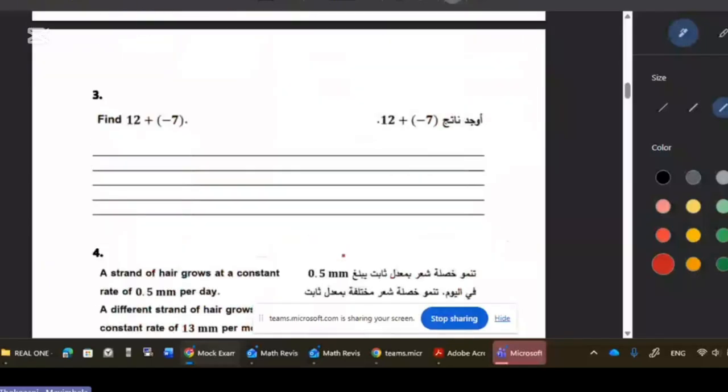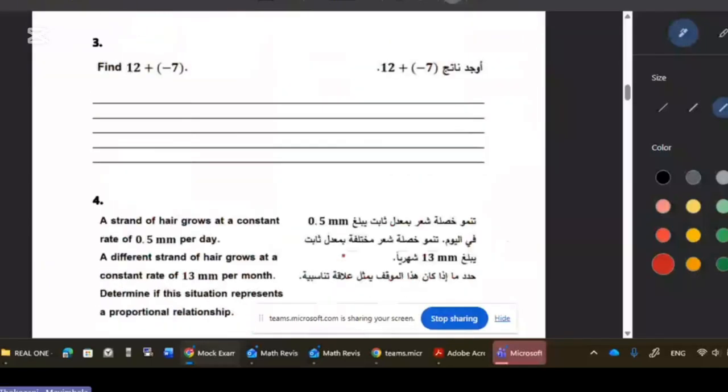Now let's look at number 3. Now, with number 3, you just need to remember the rules. Here, the signs are not the same. We have positive and we have a negative number. So this number is positive and this one here is negative. Remember, the rules says when the signs are not the same, right? Signs here are not the same.